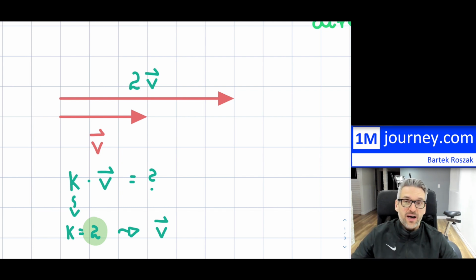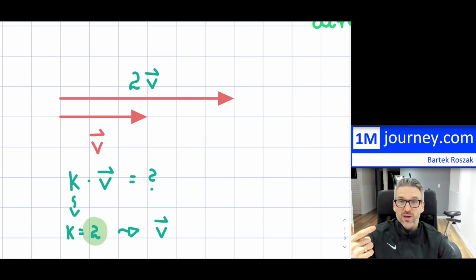Now, the only time that the direction will change is if you actually take the vector and you multiply it by a negative scalar. So let's say instead of multiplying by 2, maybe you multiply it by negative 2. The negative actually gets absorbed into the vector and it makes it the opposite vector.